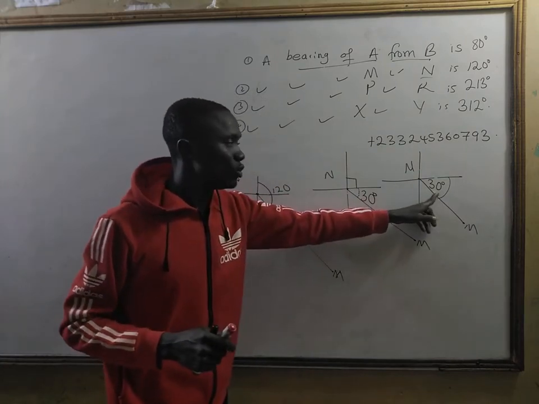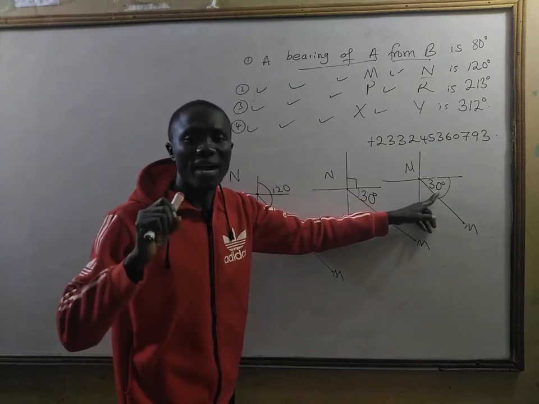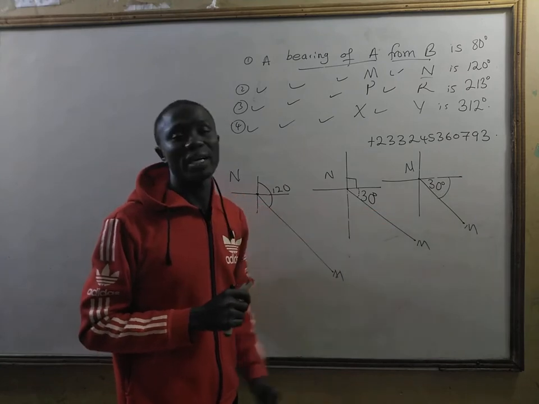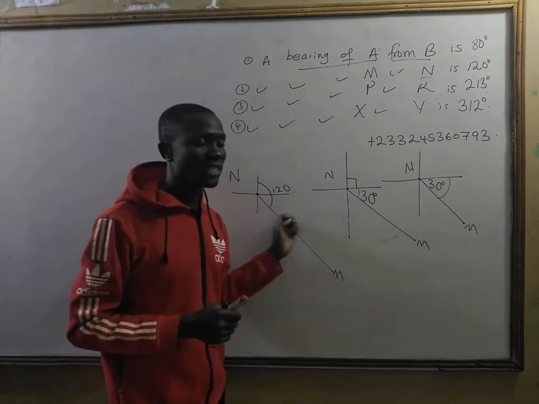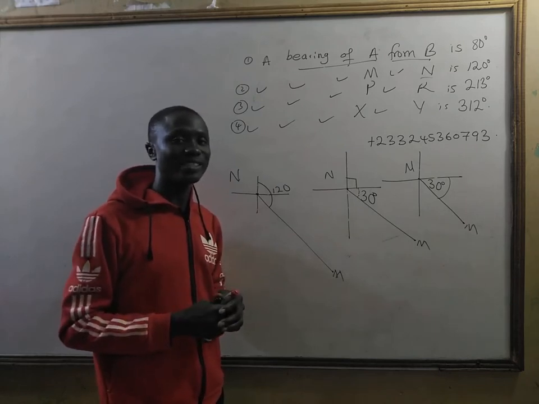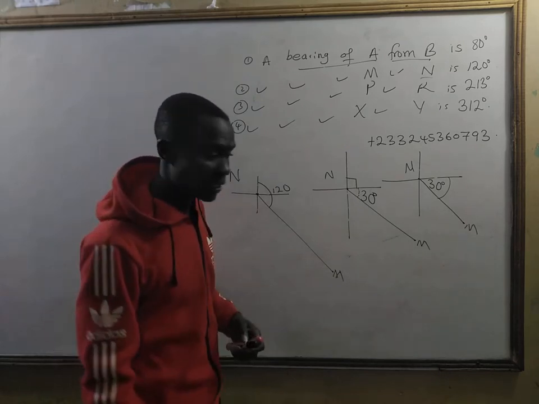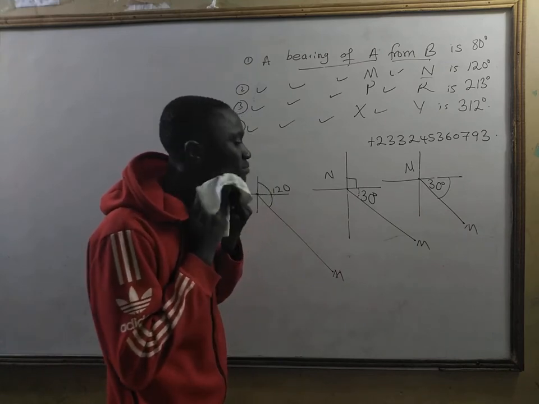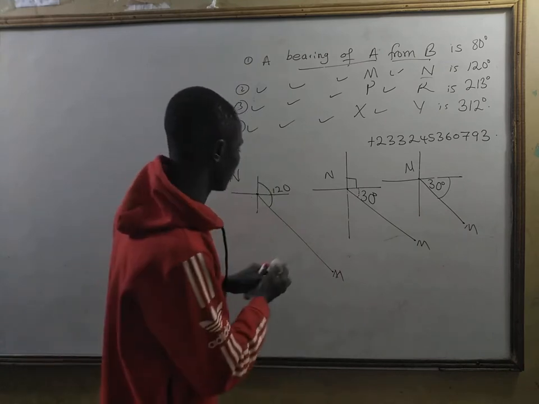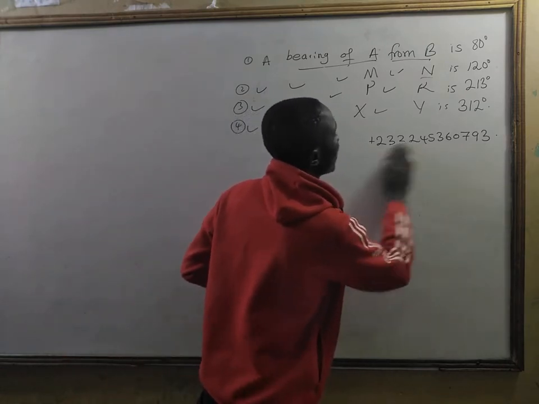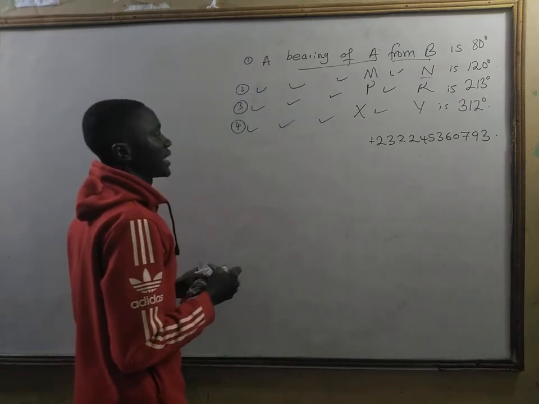Mostly, if you use this, it will help you in doing the back bearing. So this one, I highly recommend over the other two. Or whatever you find convenient, you can use it. That's mathematics. That's very good. Now, let's look at the third one.